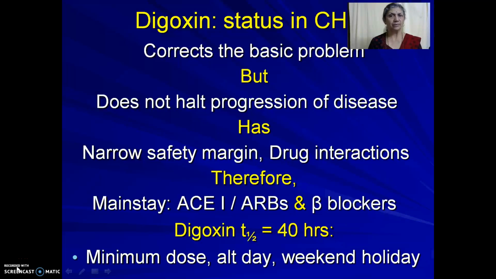So this completes our discussion on digoxin, and in the next parts, we'll be talking about the other important drugs, that is ACE inhibitors, ARBs, beta blockers, and what they do to a patient of congestive heart failure. In what way are they beneficial?